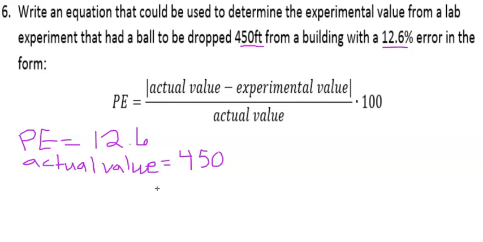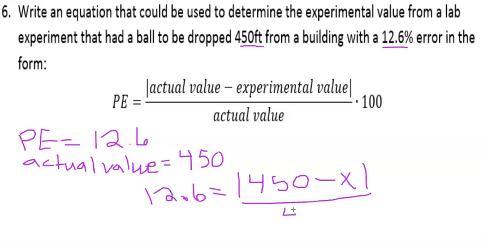So our equation would look like this. 12.6 equals the absolute value of 450 minus x all over 450 times 100. The reason why we're multiplying by 100 is because we're already converting it into a percentage.